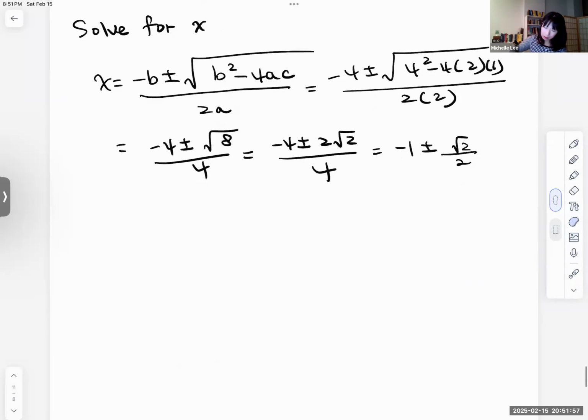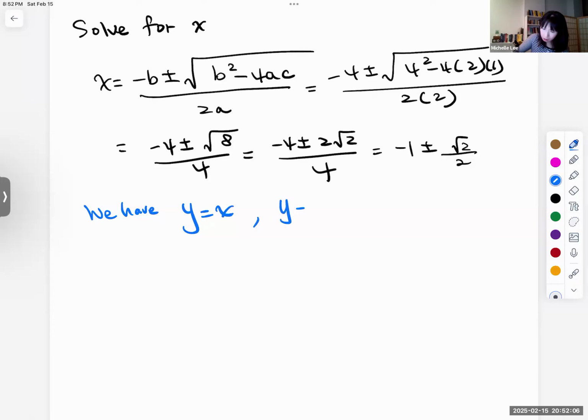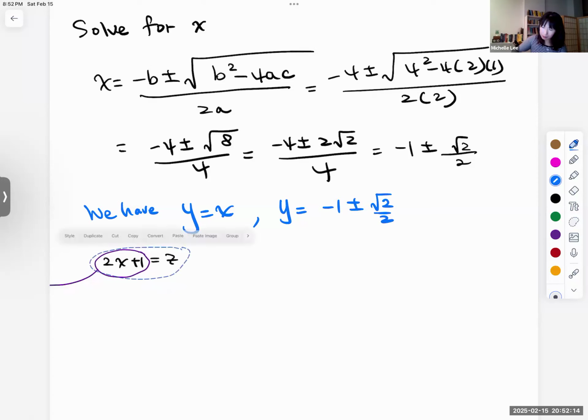We have y equal to x, so y equals negative 1 plus or minus square root of 2 over 2. How about z, right? So we have a z.